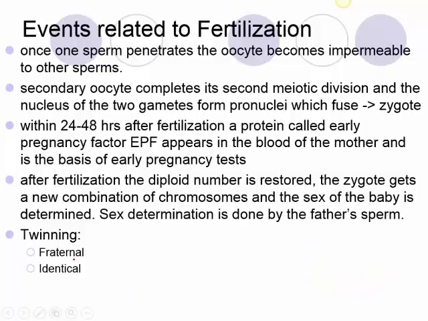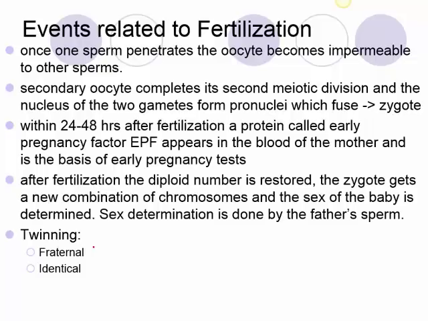Now, there are two types of twinning. One is called fraternal twins. I told you that ovulation occurs alternately from opposite ovaries every month, and only one secondary oocyte is liberated at ovulation. Occasionally, you may have more than one. So suppose 2 oocytes were liberated, or maybe 3 oocytes were liberated.